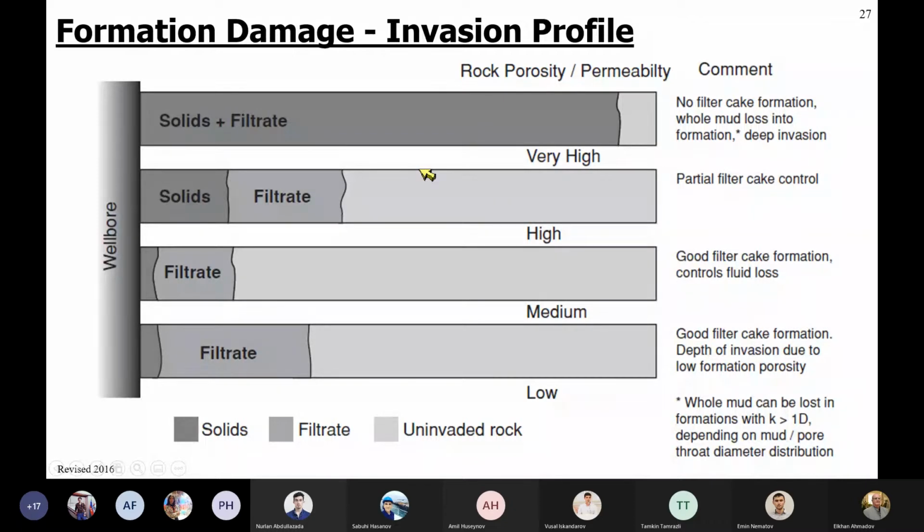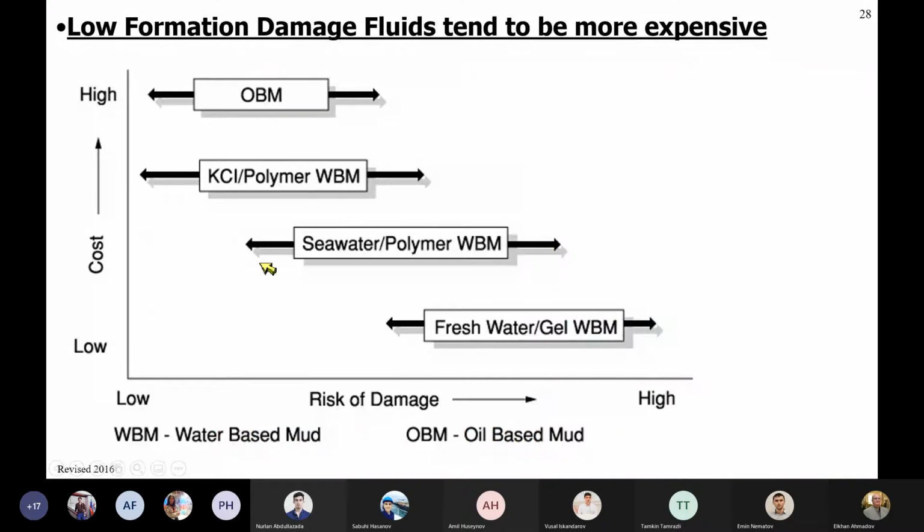And these are the different drilling muds and their different effects. As you can see, the oil-based mud has less damage risk, but it costs much more than fresh water or any water-based mud.